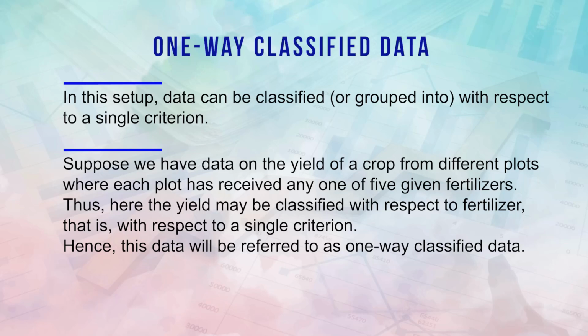So you can see on your slide that different fertilizers might have been used in different plots. So the plots are classified only with respect to one treatment or one criterion, which is fertilizer. So this is one-way classified data, and we will learn how to analyze mathematically a one-way classified data.